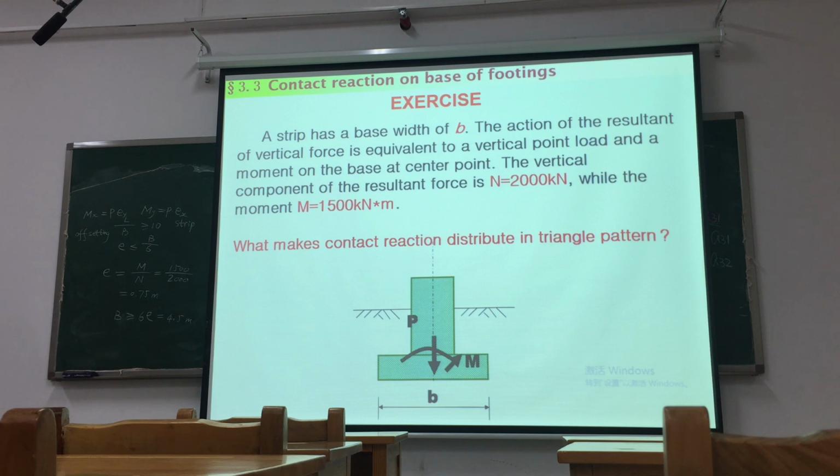If the width of the footing equals 4.5 meter or is more than 4.5 meter, maybe the contact pressure is distributed in a trapezoid pattern. Okay.